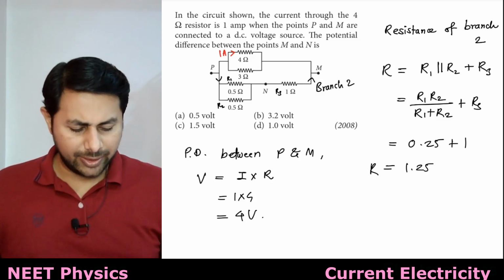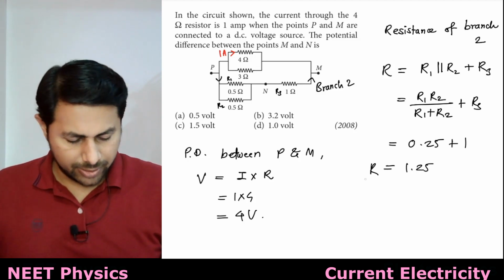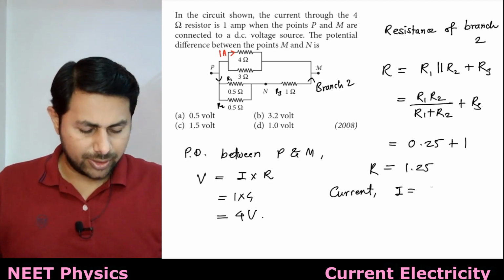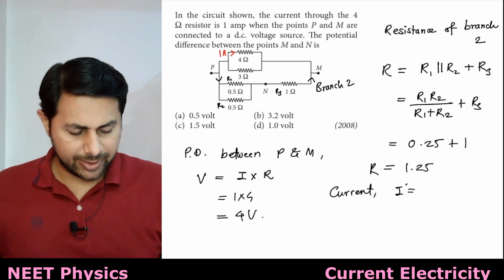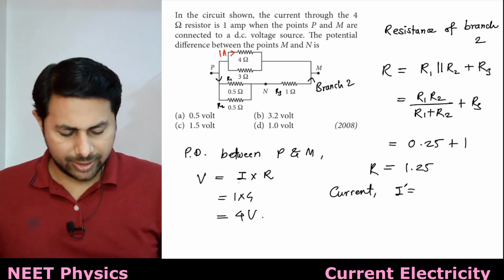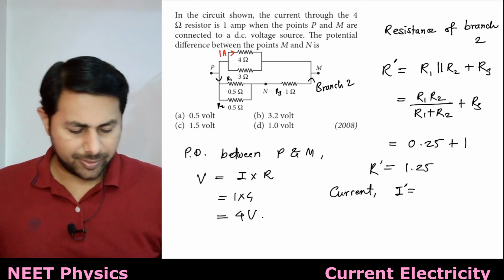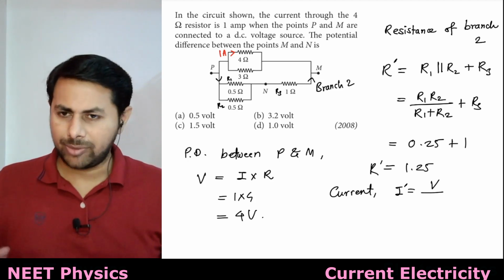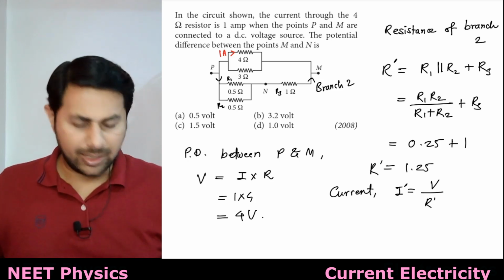Therefore what would be the current? Current in branch 2 is I, or you can call it I prime, because we call this one as I, and let's call this resistance also as R prime. So I prime is equal to the total potential difference, 4 volts, divided by the resistance R prime.